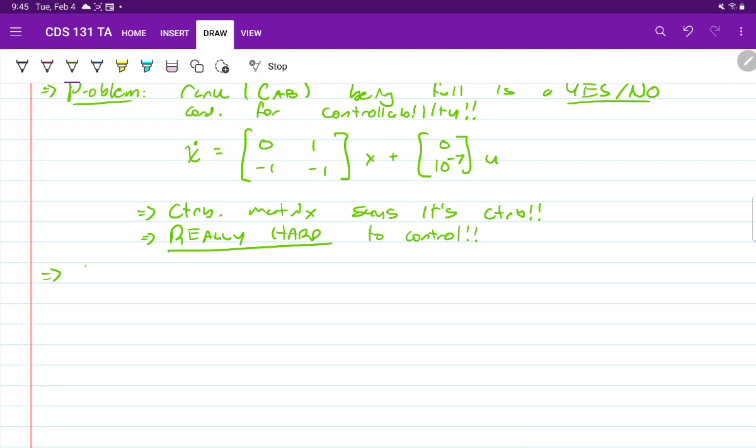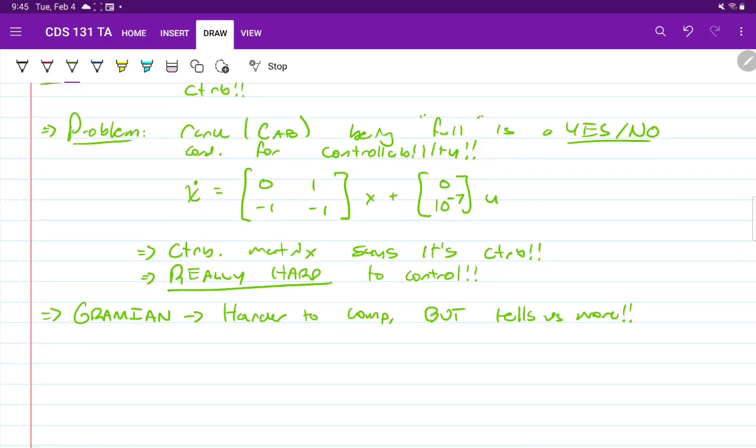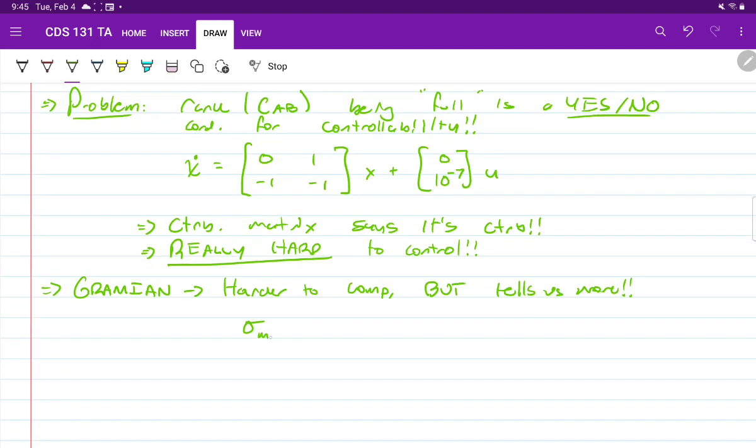So this is where the Gramian comes in. The Gramian is harder to compute, but tells us more, okay? The basic idea is, since the Gramian is a nice square matrix, right? And what we're interested in is its singularity, or its lack of singularity.